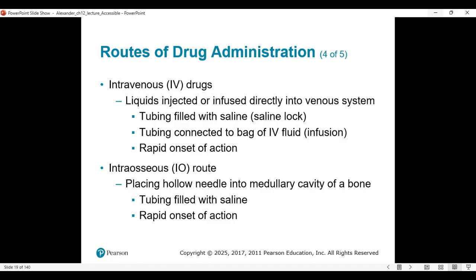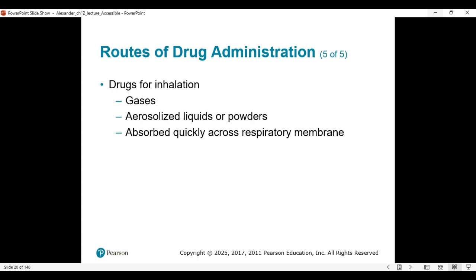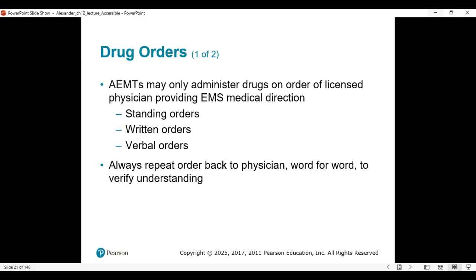Intraosseous route, or the IO, is placed in the medullary cavity of the bone, and it has rapid onset too. Drugs for inhalation can be gases, aerosol liquids or powders, for example, albuterol, absorbed quickly across the respiratory membrane, the mucous membranes of the oral and nasopharyngeal, or actually the lung tissue itself.